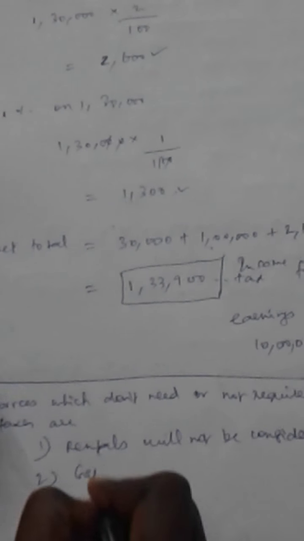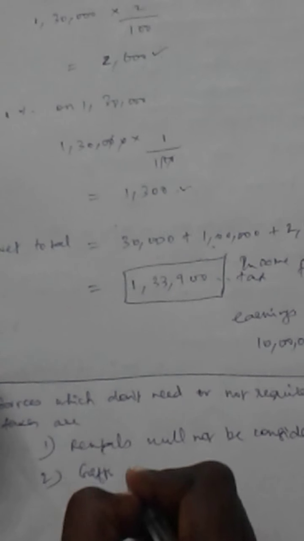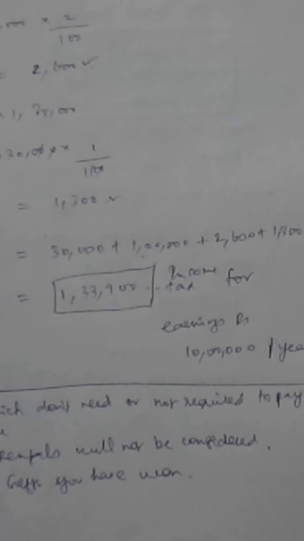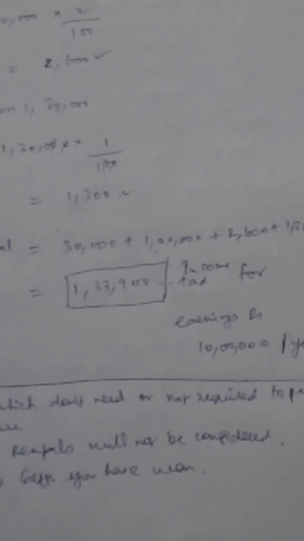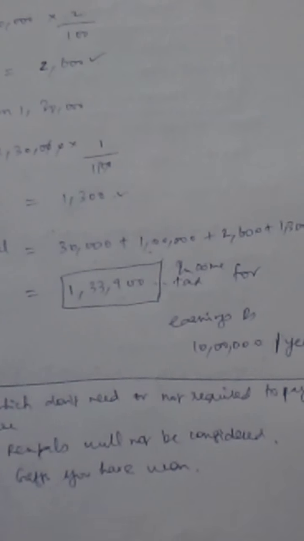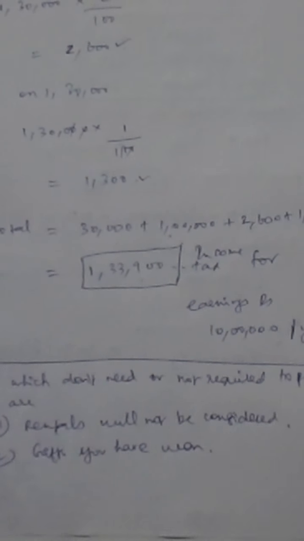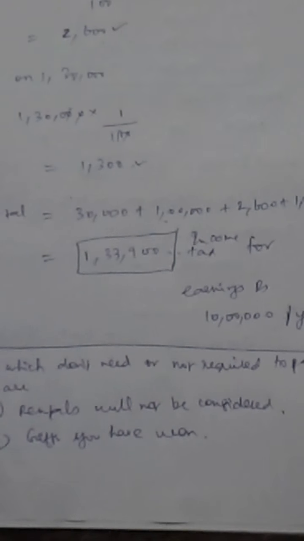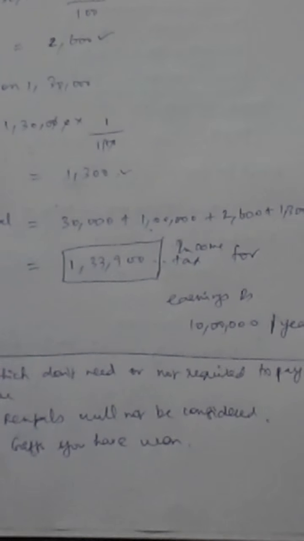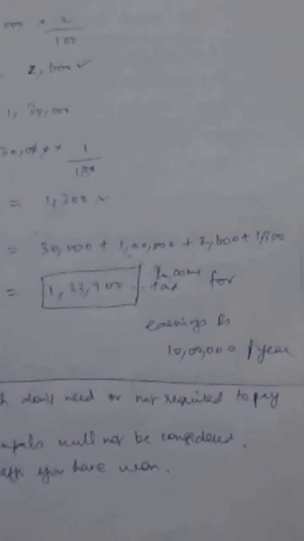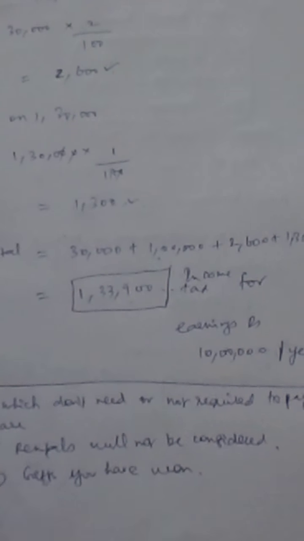And gifts you have won, say you are going to purchase a car and your coupon or bill has been selected for the lucky coupon draw, and you have got a gift, it could be a car or anything, then you don't need to pay taxes for that particular item.